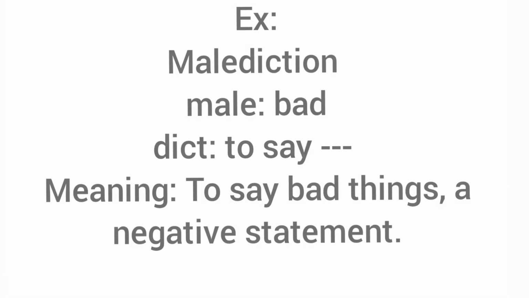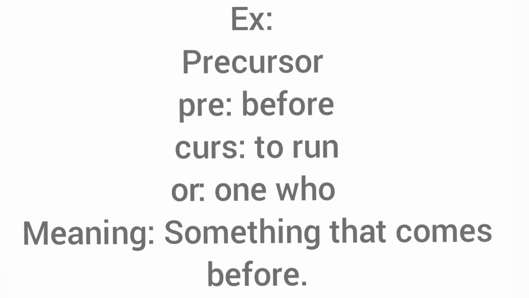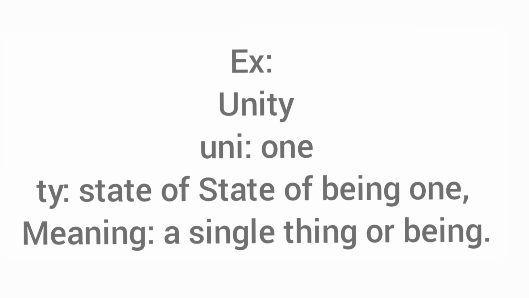Another example, malediction. We have prefix mal meaning bad, and dict meaning to say, so to say bad things or a negative statement. Another example, persecutor. We have per meaning through, secut meaning to follow, and or meaning one who. Another example, unity.